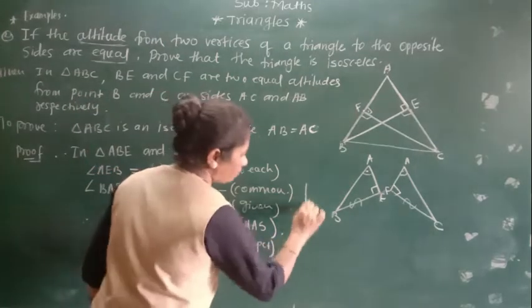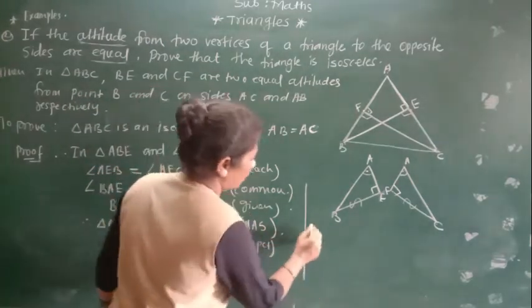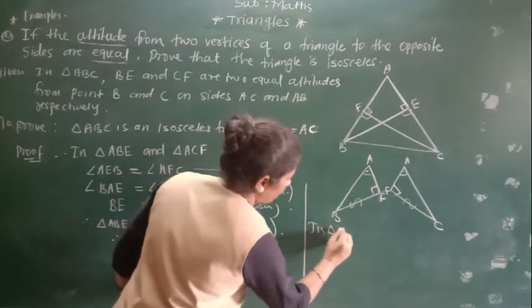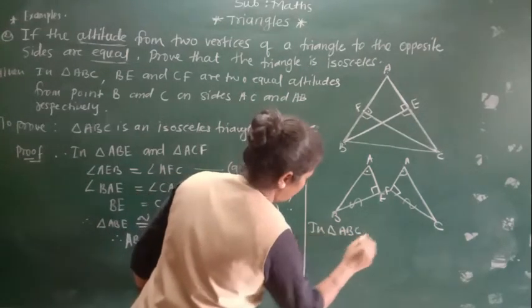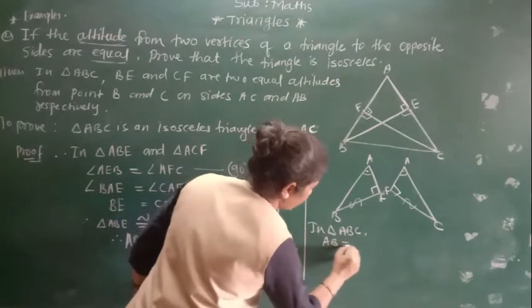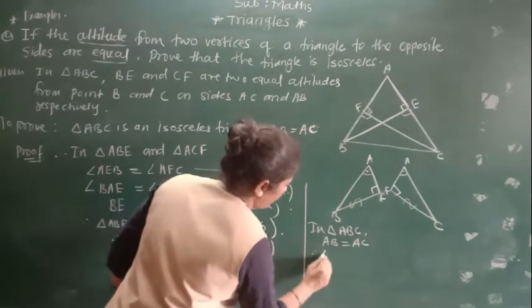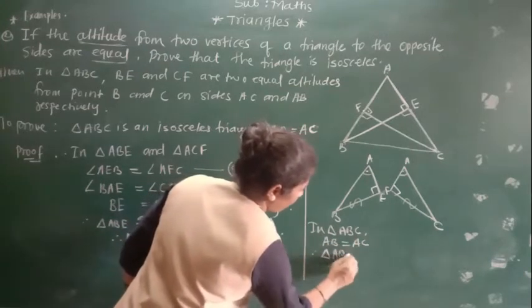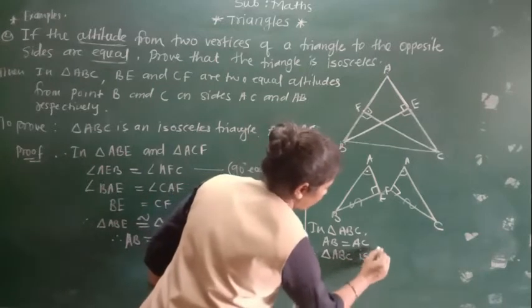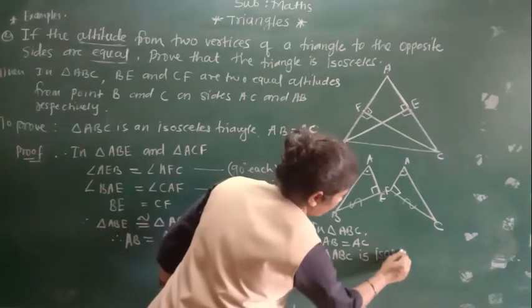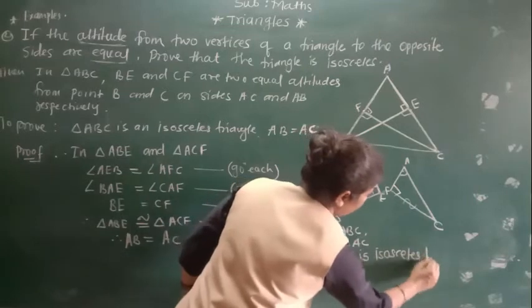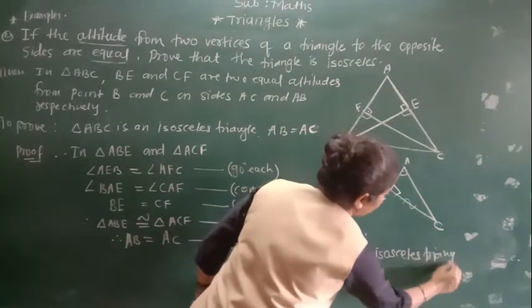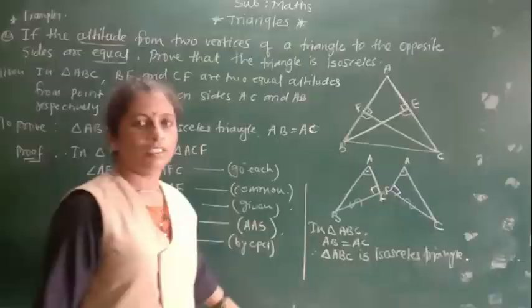Okay. So now in triangle ABC, AB equals AC. So triangle ABC is which type of triangle? Isosceles triangle. Understood, everyone?